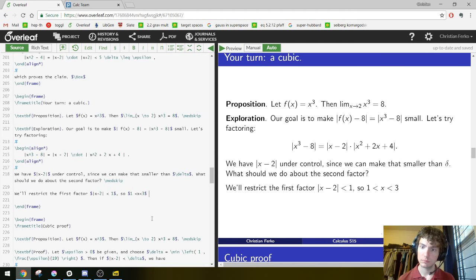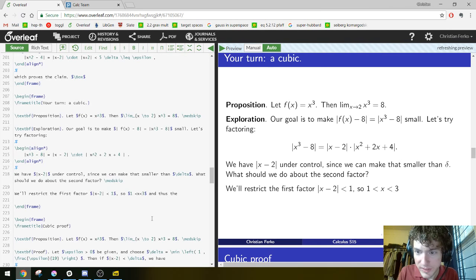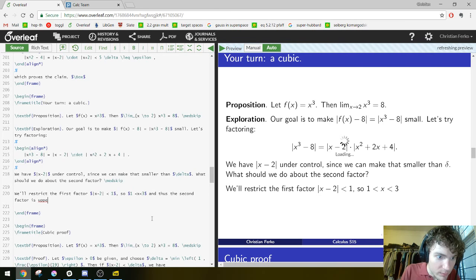I'm assuming I'm just being asked to do math here, so the upper bound of this second factor would be 19. Good, yes. Because 3 squared is 9, plus 6 is 15, plus 4 is 19. So the second factor is upper bounded by 19.